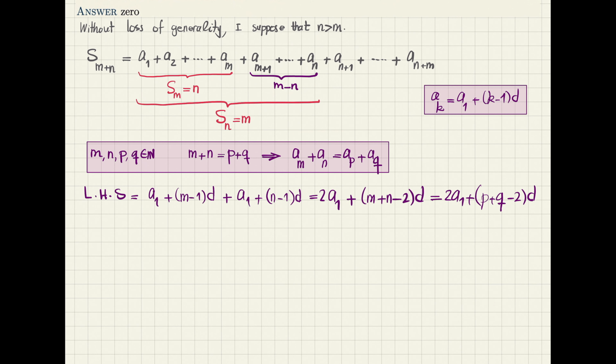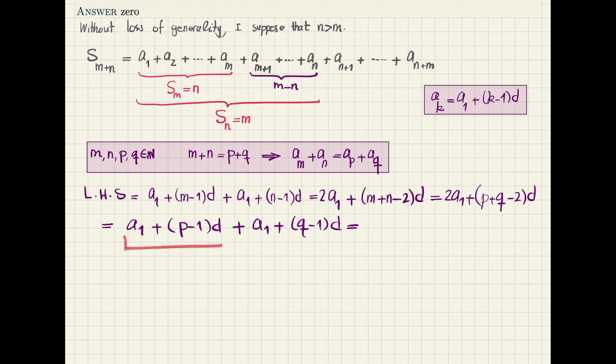Yes, and now I can decompose it. I can write it as a1 plus p minus 1 d plus another a1, this time q minus 1 d. Yes, it is very easy to convince yourself that what I have written here is a decomposition of this expression. a1 plus a1 is 2a1, and if I add these two expressions, I will get the same thing.